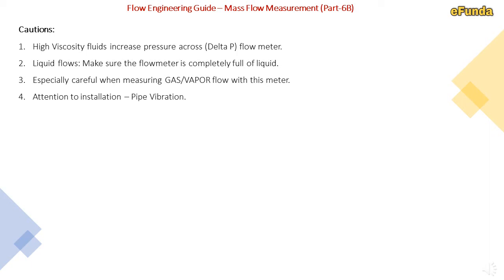Pay attention to installation, as pipe vibration can impact the accuracy of this meter. This is how the cautions are to be taken care of while designing mass flow measurement with the help of the Coriolis technique. Now we are concluding on our today's topic.